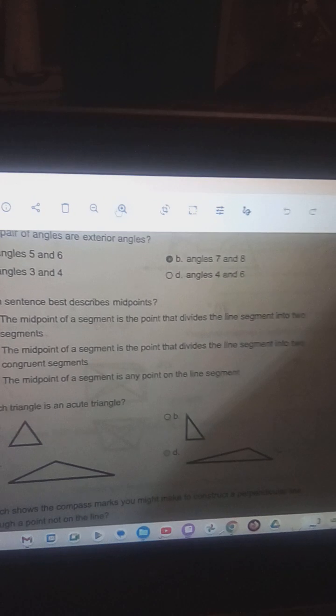So that's the answer, B. Why? The only difference between A and B is that A only has the key word two, but not the word congruent like the second choice. So the answer is choice B. Any questions or concerns?